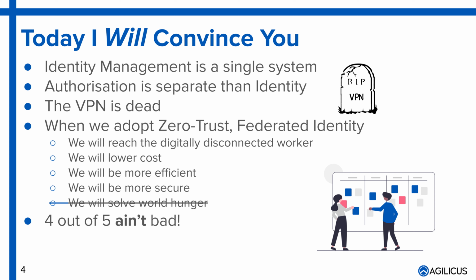When we adopt these things, we will reach the digitally disconnected worker, people that aren't able to get their job done remotely. We will lower cost. The VPN is expensive. Do you really want to be buying more licenses for it or expanding its size? We will be more efficient. As a user, I'll get my job done with nothing in the way, and we will be more secure. Unfortunately, we're not going to solve some of the other big problems like world hunger, but I think 4 to 5 isn't that bad.